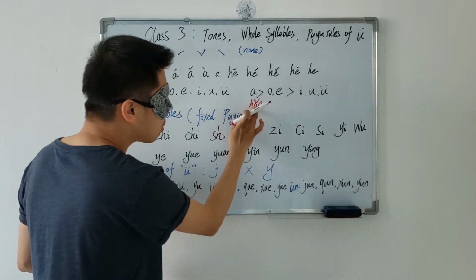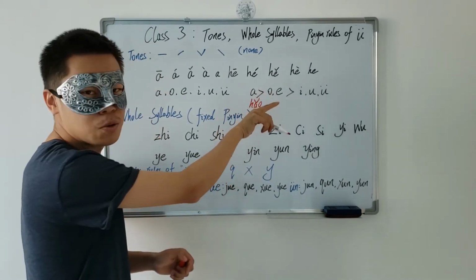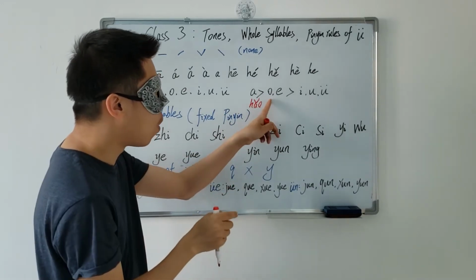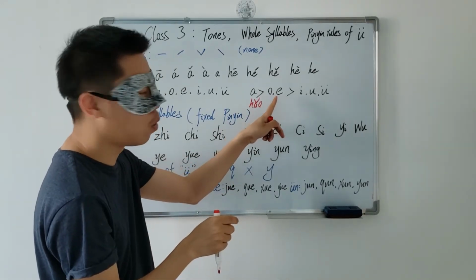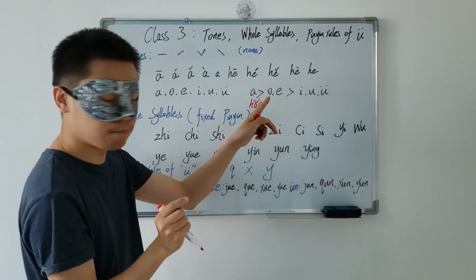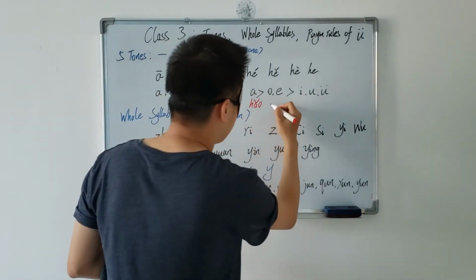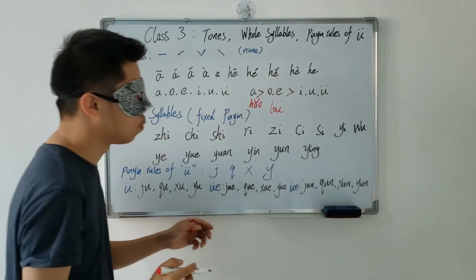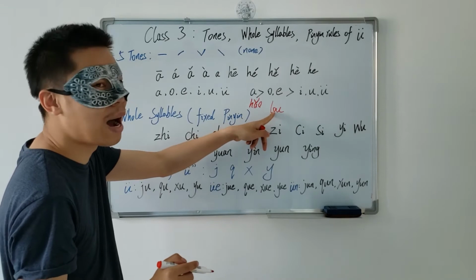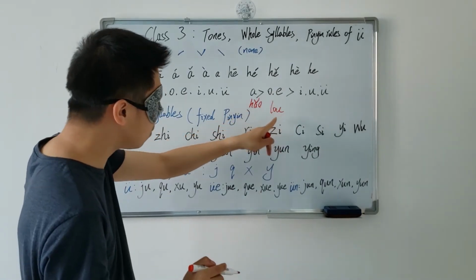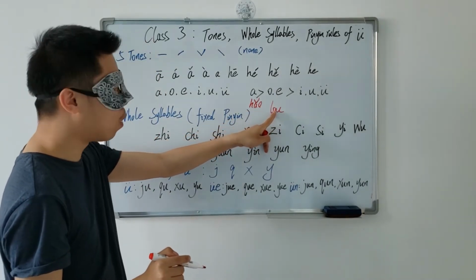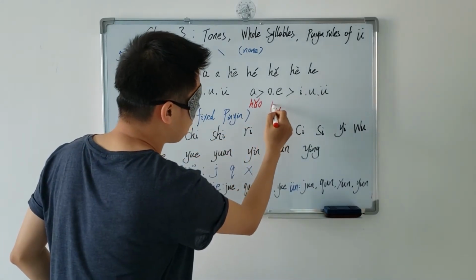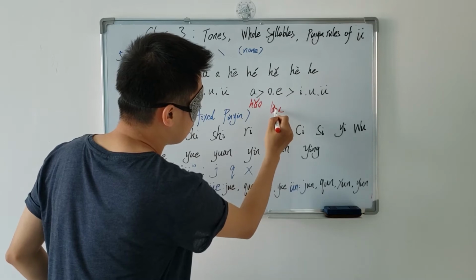Okay, if in the pinyin there's no a, you check if there is an o or e. For example, luo. You see there's no a, then you check if there's o or e. We see there's an o, so we put the tone on the o.